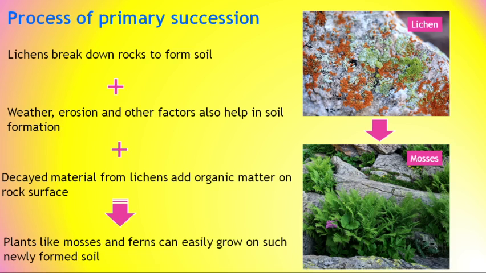Through this image we can see that lichens have been replaced by mosses because of formation of soil on the rock surface, because of activities such as breaking down of rock into soil, erosion of rock sediments, and deposition of decayed and degraded material arising out of death of lichens in the form of humus on the rock surfaces. So like this, the lichen community will be replaced by the moss and fern community.